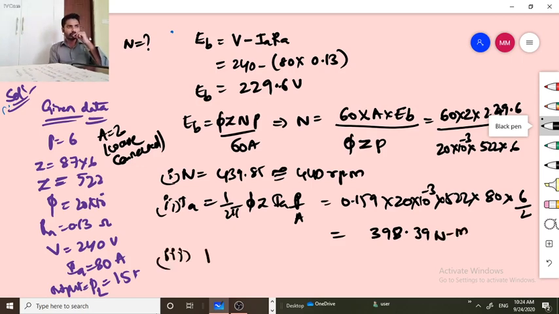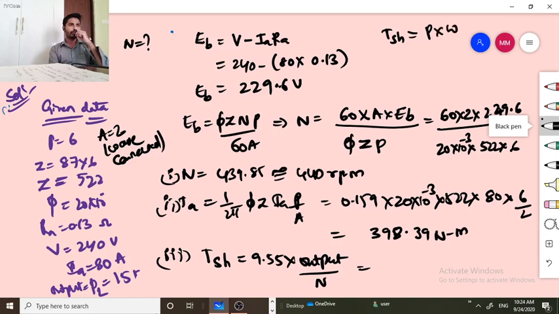So the third part is the shaft torque. Remember this formula, 9.55 into output by N. The 9.55 is nothing but 60 by 2 pi. So this comes from the following. Power equals torque into omega, so torque equals power by omega.